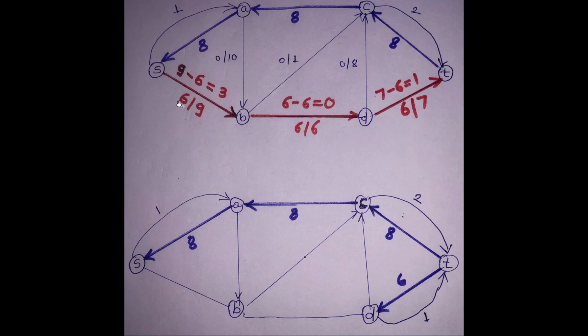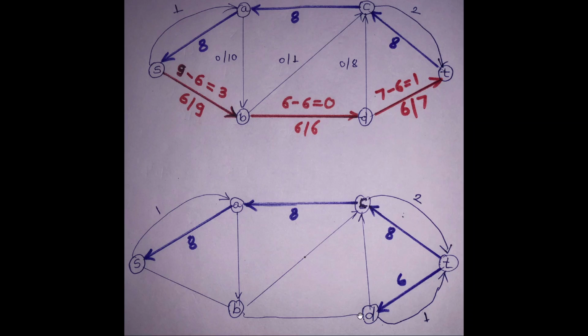This is the forward flow, S to B, B to D, D to T. First we design T to D. Reverse flow is possible 6, and the remaining capacity we have shown here as 1, because it has 7 capacity. Out of that we have used only 6, and still one forward capacity is shown over here.